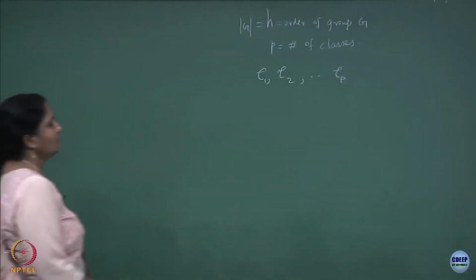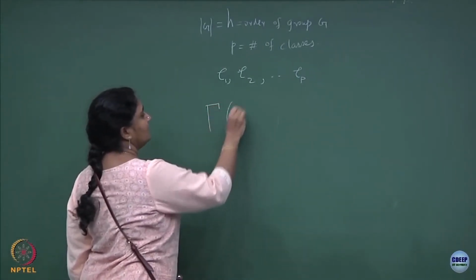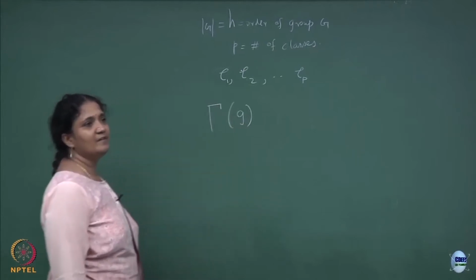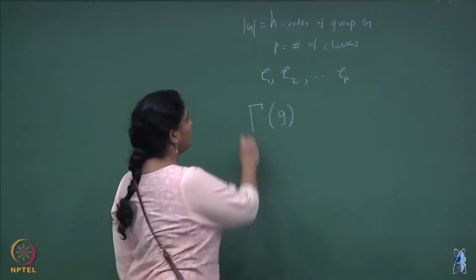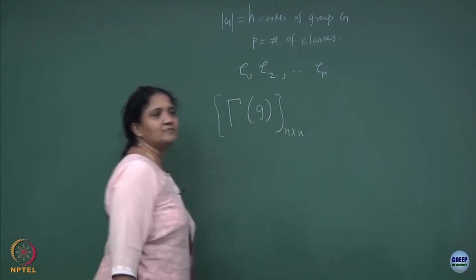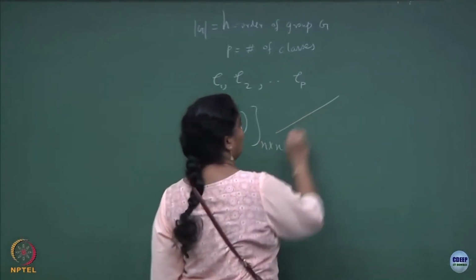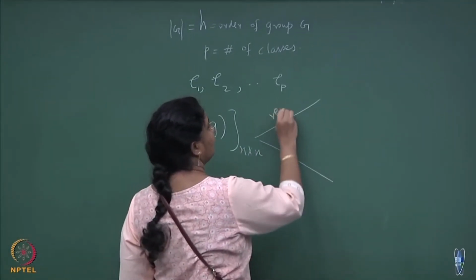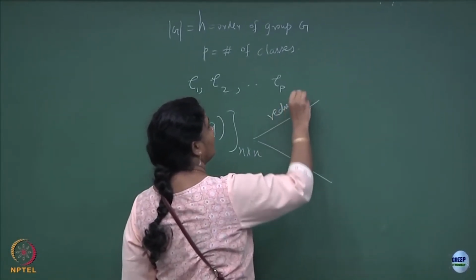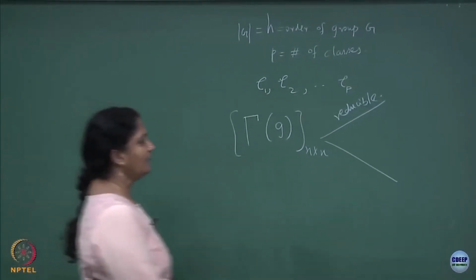And then I also said that we will use gamma of G as a representation. Typically it could be an n cross n matrix representation, and this will be of two types. It could be reducible, and it could be irreducible.